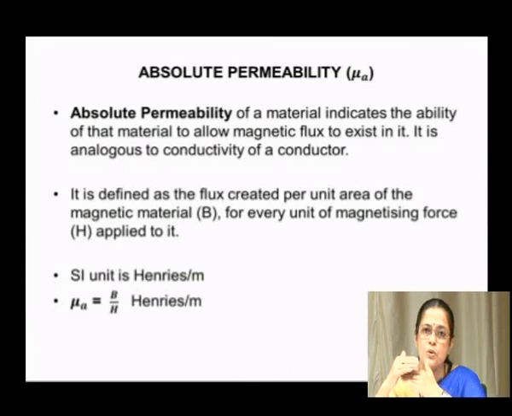So, the flux per unit area that it can set up depends upon the amount of magnetizing force being applied to it. That is why it is given by the equation mu A is equal to B by H, expressed in Henries per meter.